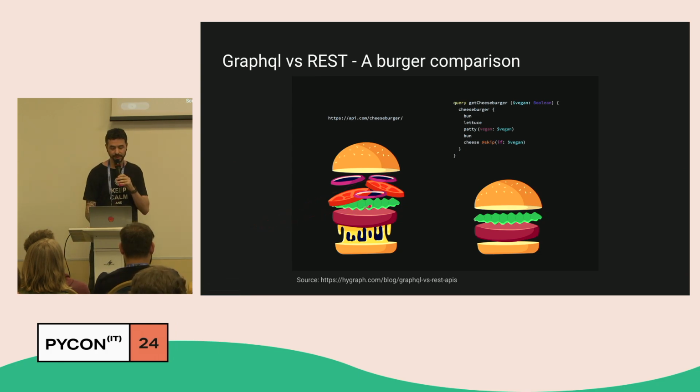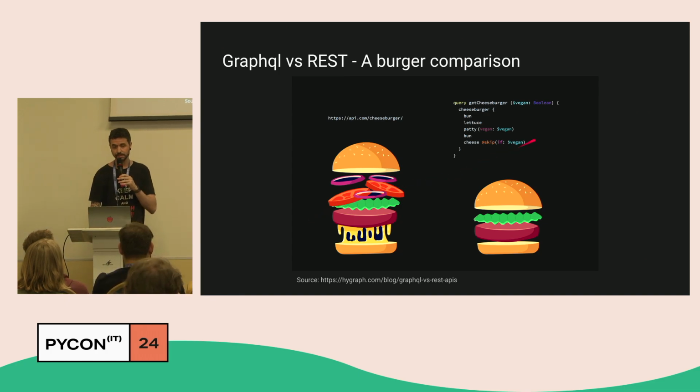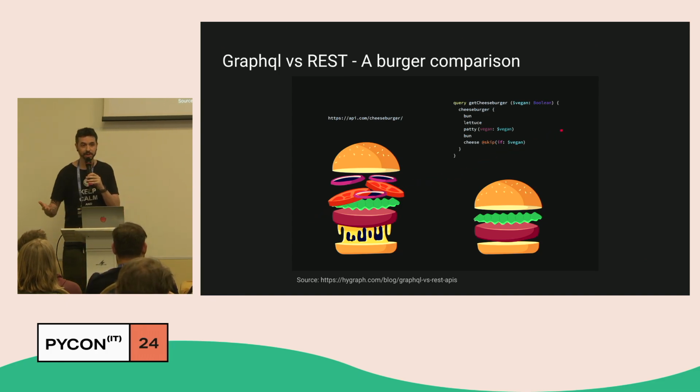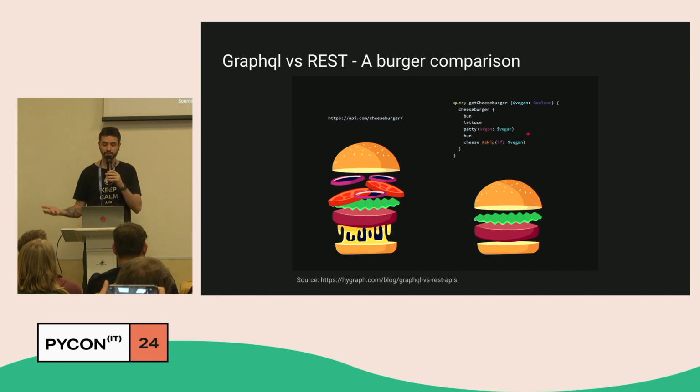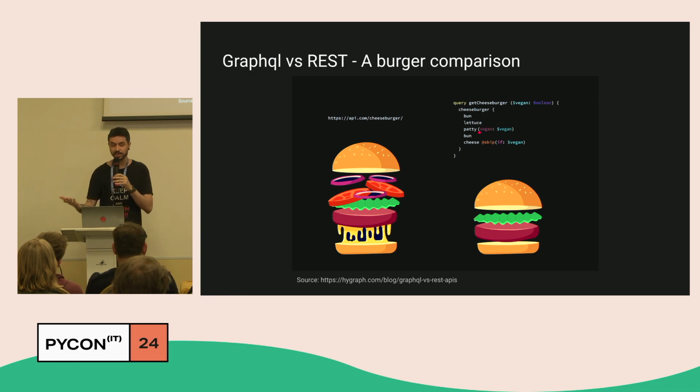If you ask for it, you have the bun, the onions, the tomatoes, the lettuce, but in GraphQL you can define a query to get a cheeseburger, and you can just get what you want. If you don't want onions, you just don't add those. If you want a vegan patty, you can just ask for it and skip the cheese, maybe if it is vegan as well.